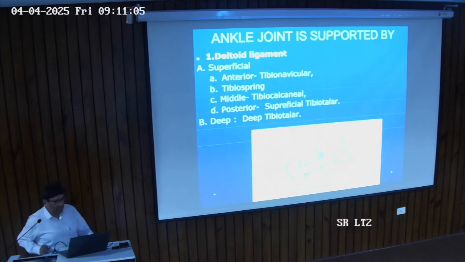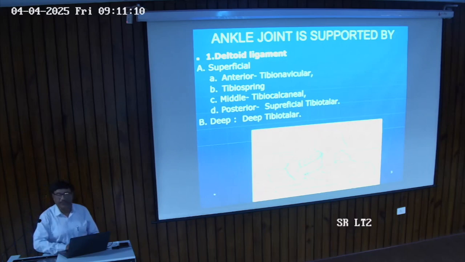On the medial side, as you know, there is this deltoid ligament. This deltoid ligament consists of two parts. One is superficial and the other is deep. The superficial deltoid ligament consists of four components.